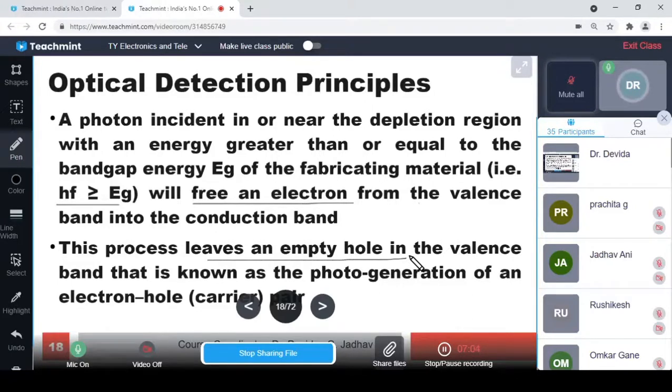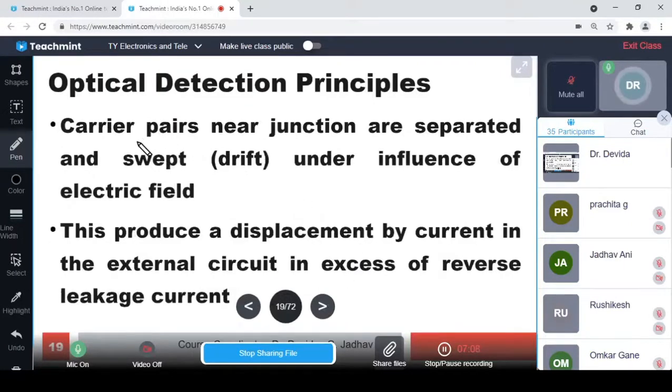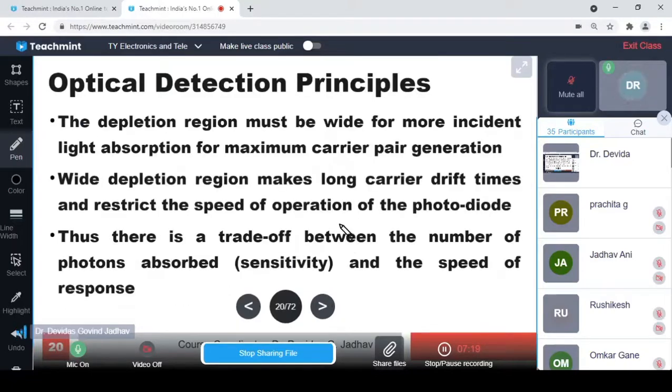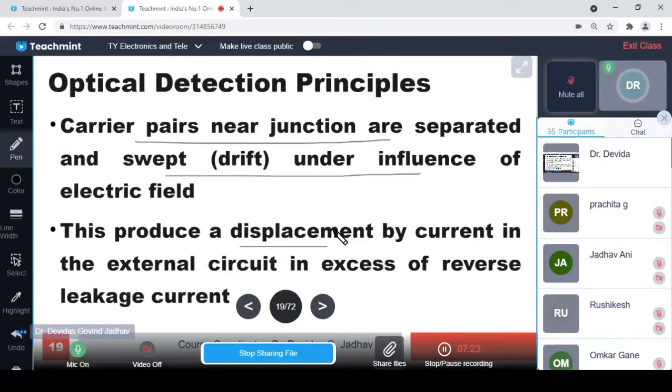As soon as the carrier pair is generated at the junction, it is separated, swept by drift under the influence of the electric field. This produces the displacement and the leakage current. Okay. So the photo-generated charge particles contribute the photocurrent, and the displacement of the minority charge carriers contributes to the leakage current.